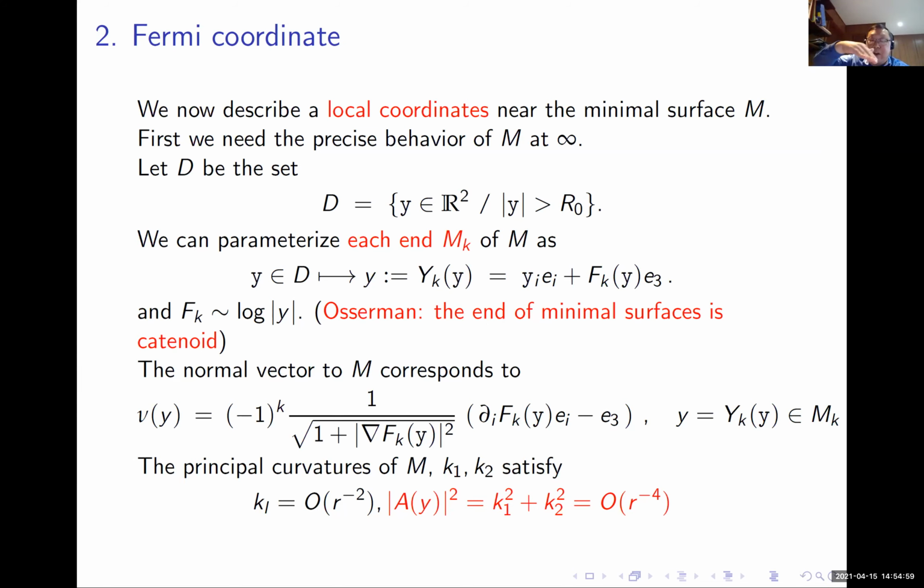This has been proved by Osserman. Each end is like a graph: you can write it as (y1, y2, f(y1, y2)). You can compute the normal vector, the principal curvatures, and also the fundamental form. All of this can be computed explicitly for the minimal surface.